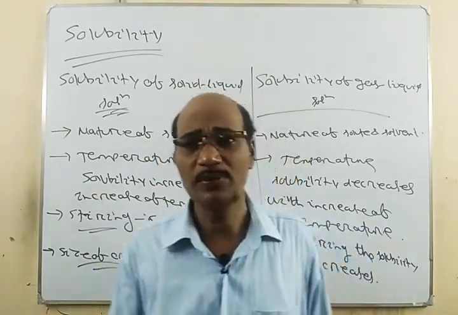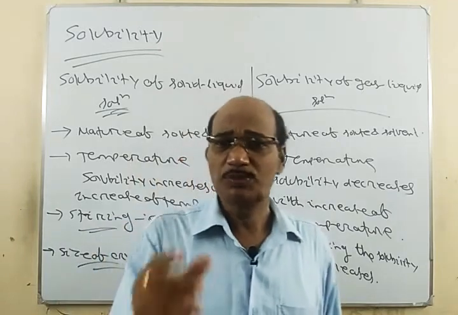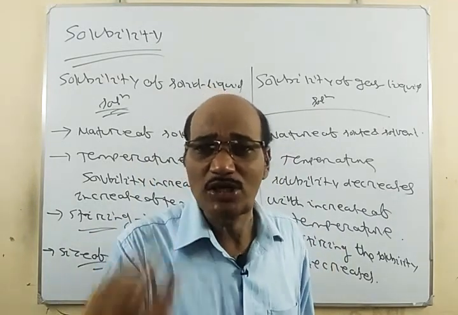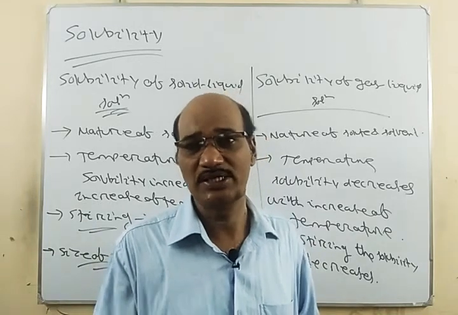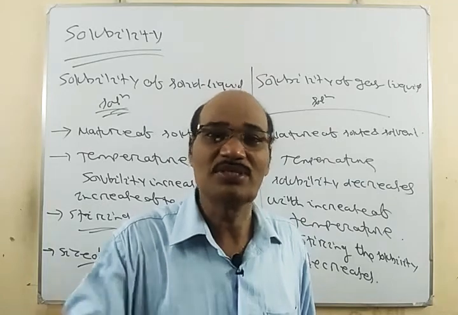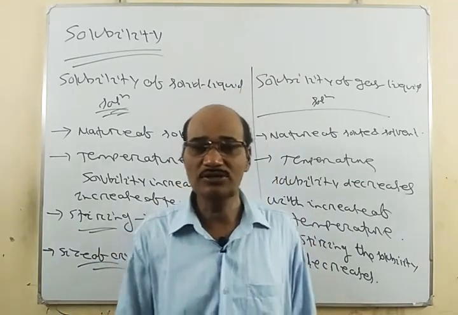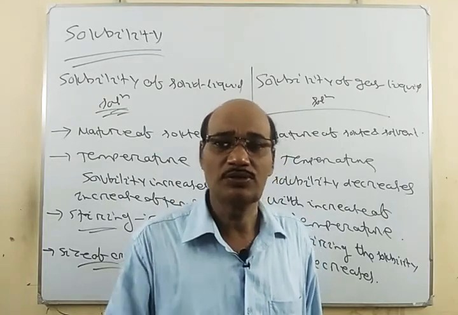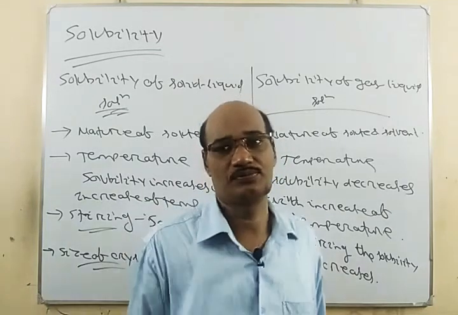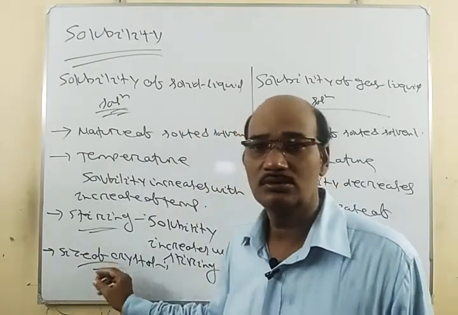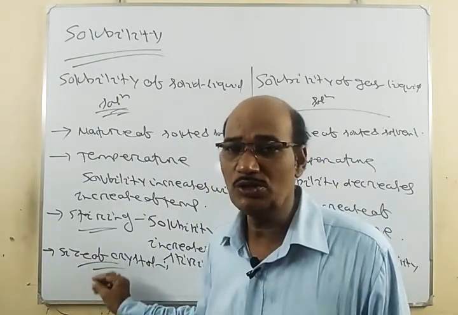Simple example, if you take pieces of sugar crystal and powdered sugar crystals, generally the powdered form will dissolve readily, because the particle size is very small, so they can dissolve immediately. So if the particle size is small, then the solubility will be more.